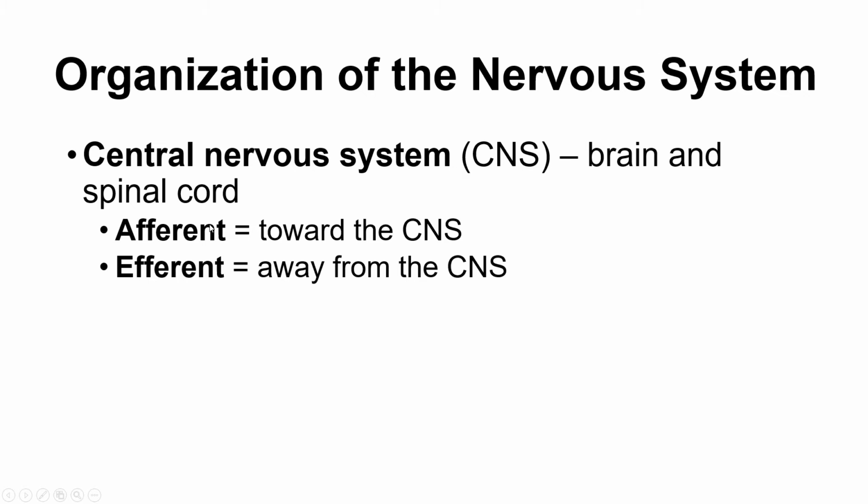So that's usually going to be things like sensory neurons. If we have efferent, with an E, it's moving away from the central nervous system. So that would be things like motor neurons. So these are just other terms that you might see, so it's a good idea to be aware of these terms.